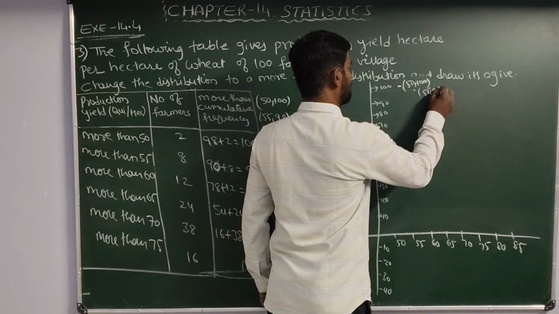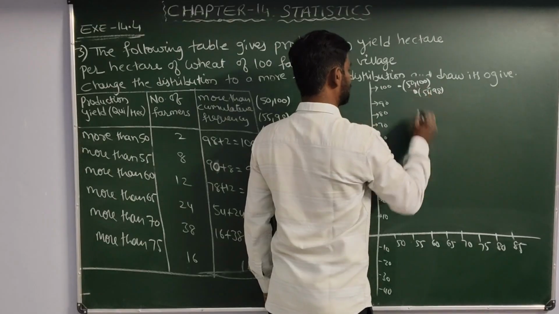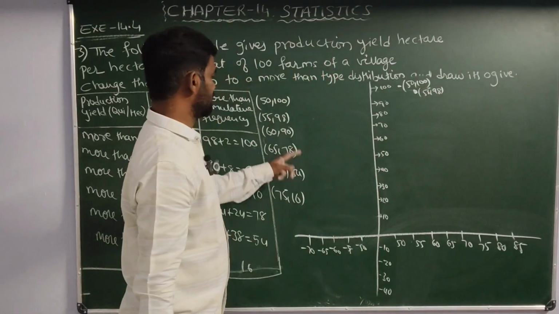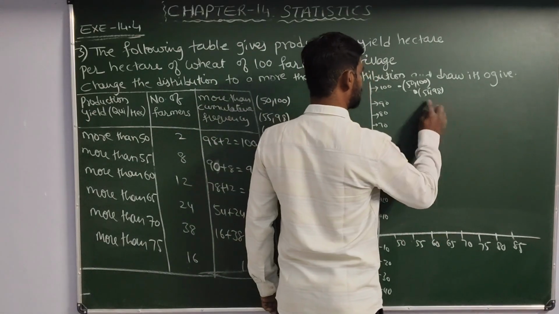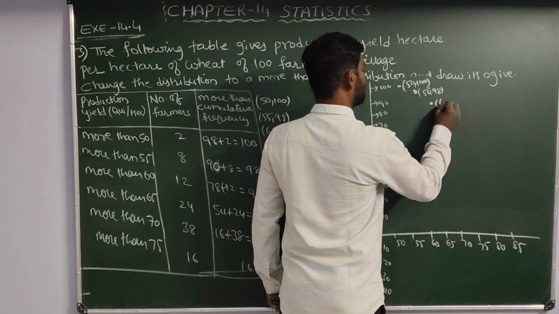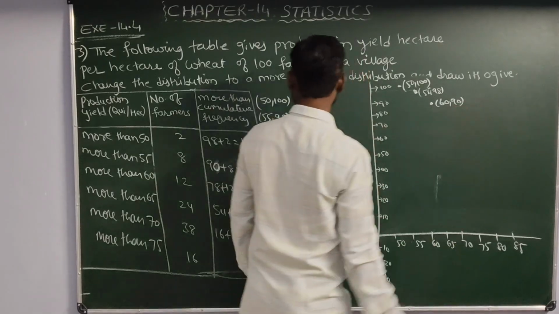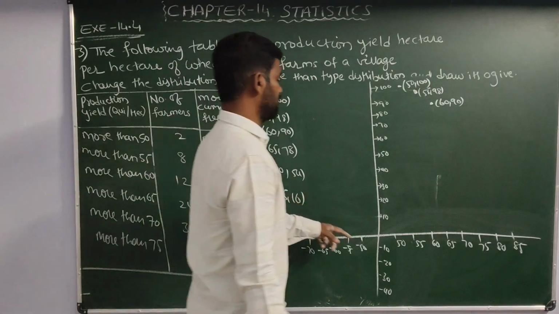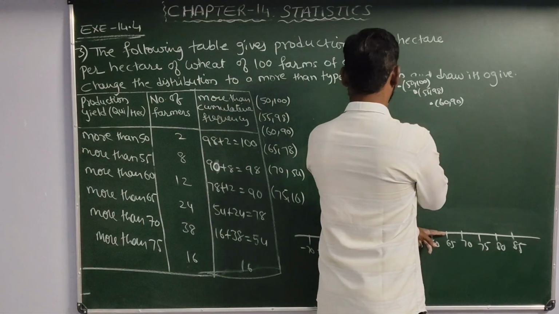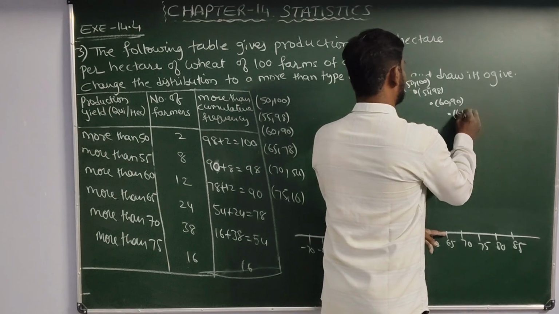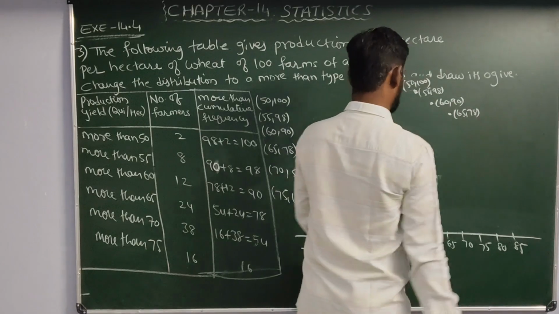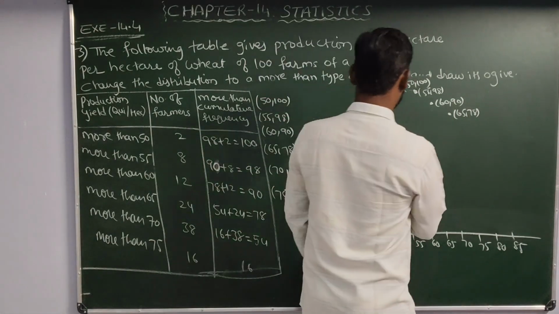55 comma 98. Next 60, 90. So this is 60 and this side is 90. 60 comma 90. Next 65, 78 will be somewhere here. 65 comma 78. Next 70, 54.